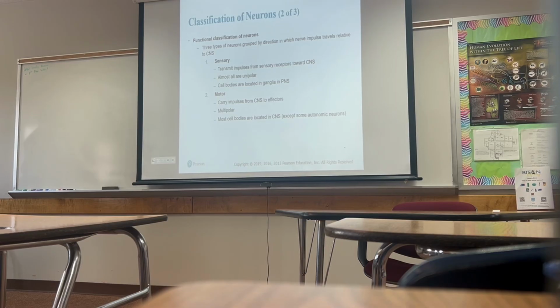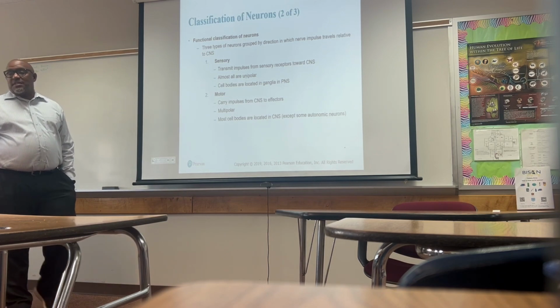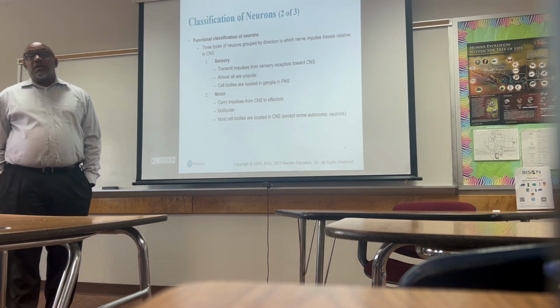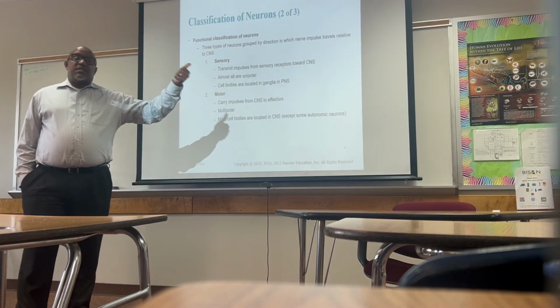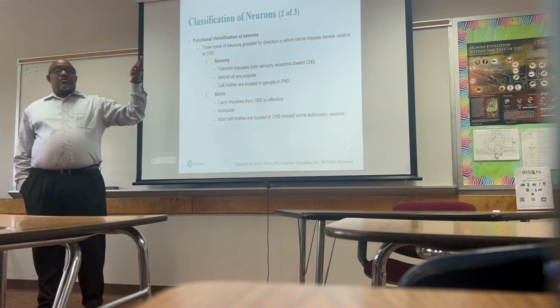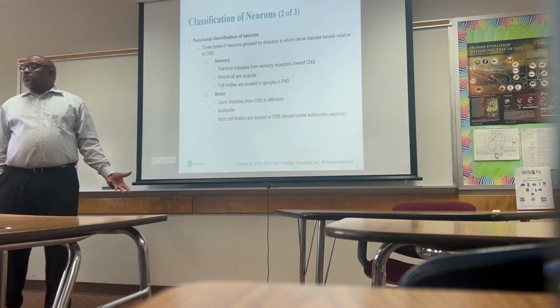All right. Functional classifications of neurons. There's sensory neurons and motor neurons. This should just make sense. Sensory neurons, your senses. Sight is a sensory neuron. Smell, sensory neuron. Touch, sensory neuron. Your senses are sensory neurons, all right?